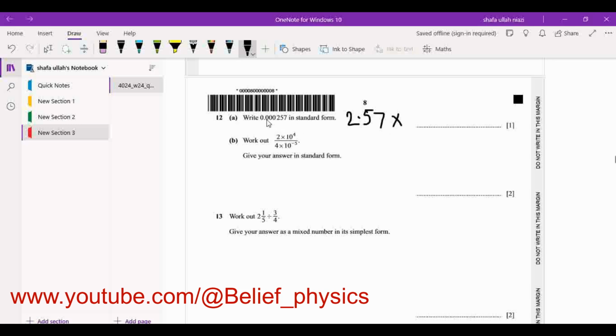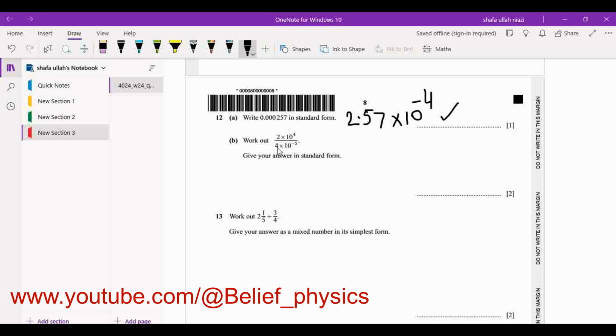How many places have we moved? We have moved the decimal point from here to here, 1, 2, 3, 4 places to the right, so we put 10 power minus 4.